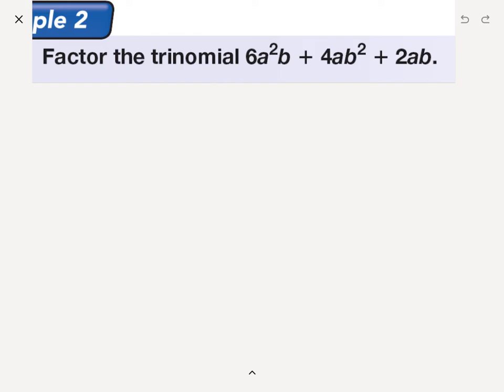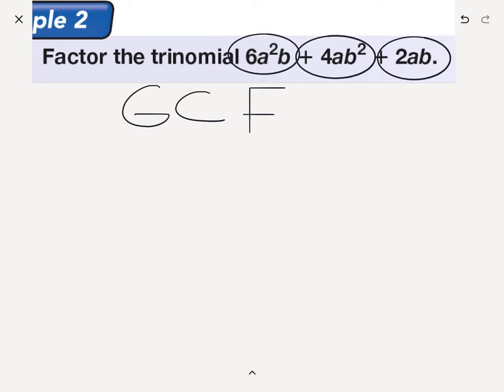We're looking at 6a squared b, 4ab squared, plus 2ab. And what we want to actually find here is our greatest common factor for all 3 of these terms.